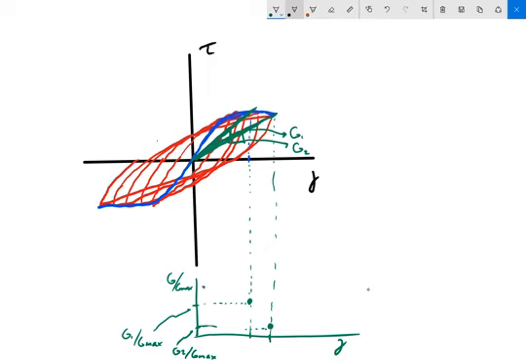And the point of these curves then is that it's going to give us this shape, or the function that we can use to predict the backbone curve for this particular soil. That's the whole point of modulus reduction curves.